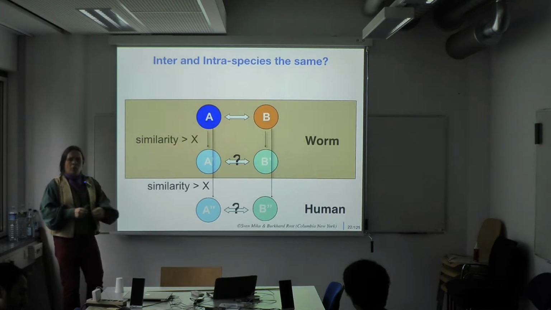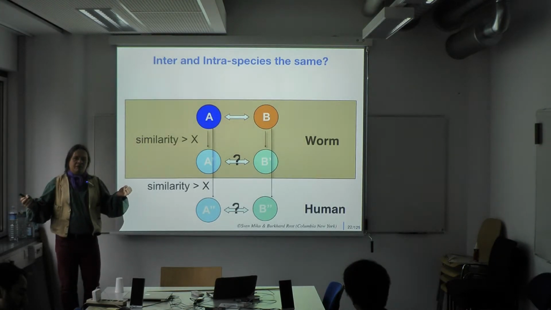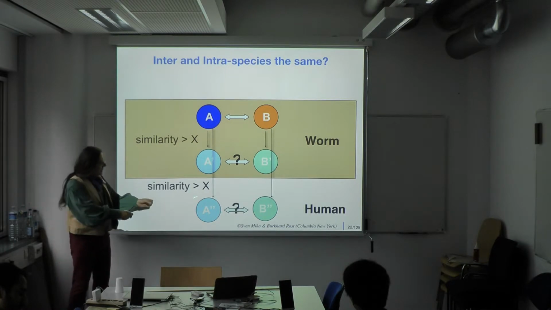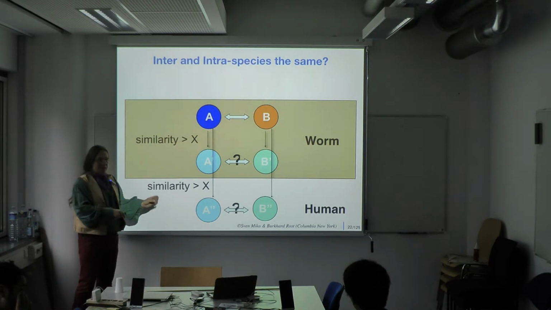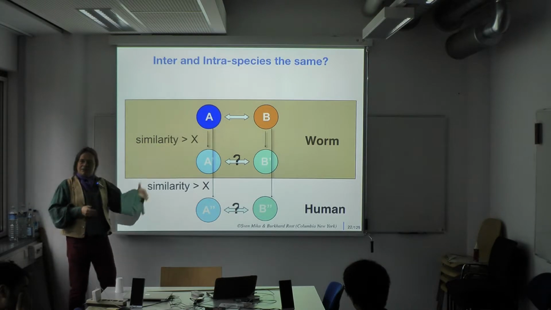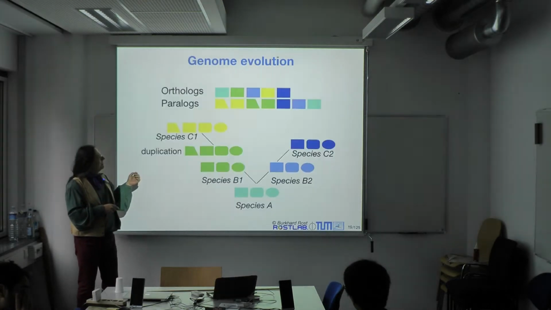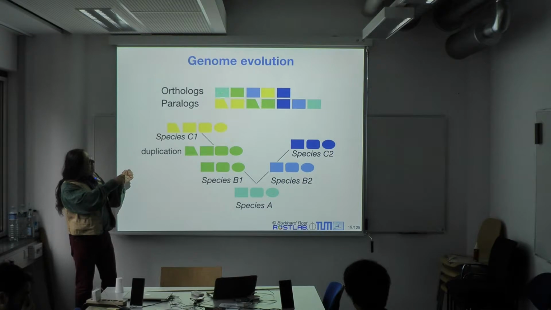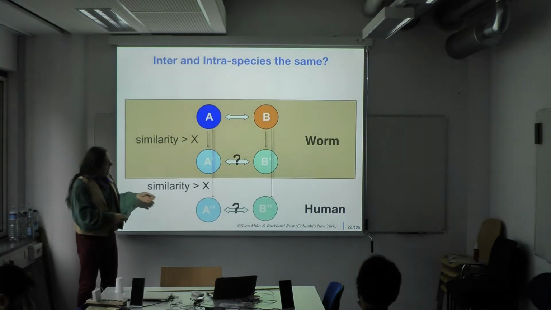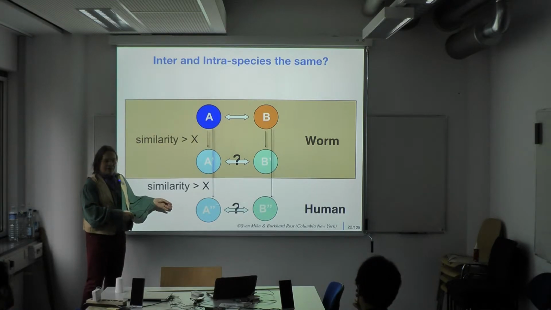And I can ask, what's the probability for them to bind? I can look at another pair that I believe is the one that corresponds, those are now the square ones here, and look whether they interact.